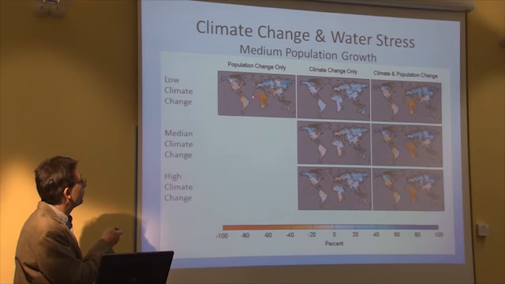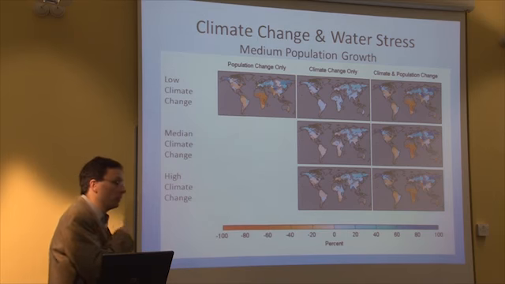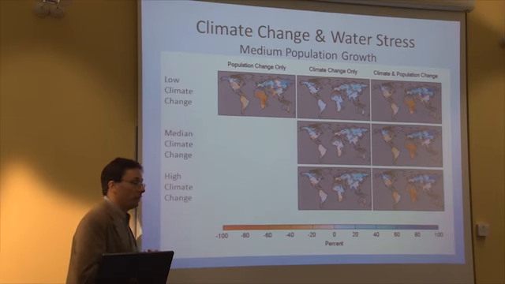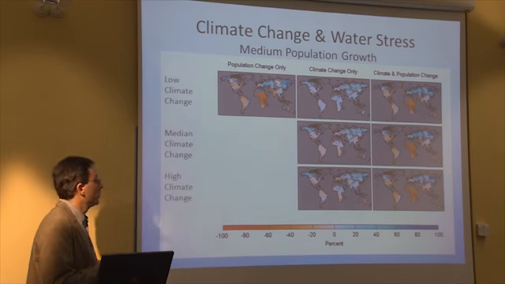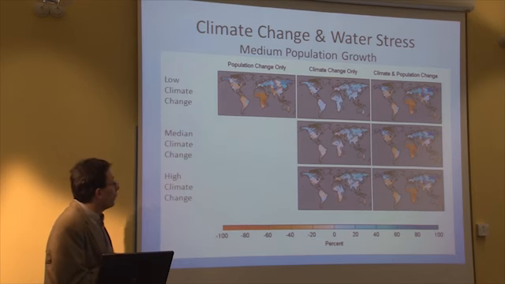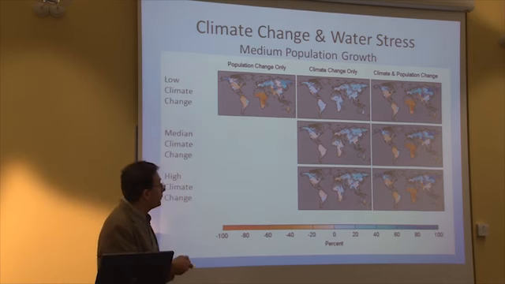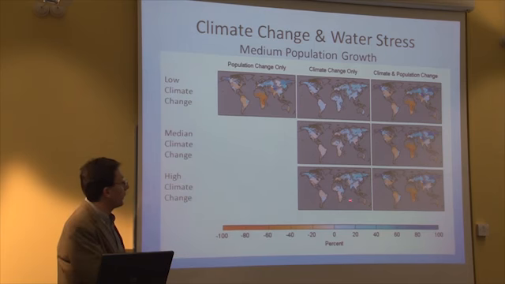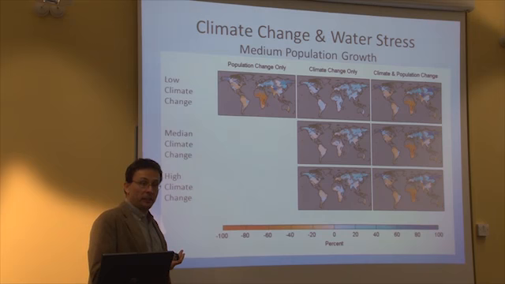Much of Africa, South America, Australia, South Asia, and the Midwest of the United States, population growth produces an increase in stress. If we then look at this next column, this shows the effects of climate change if the population stayed at today's levels. Okay, so it's climate change alone.